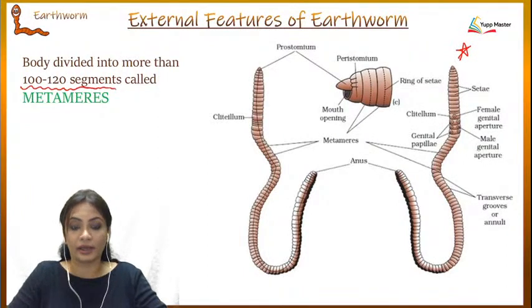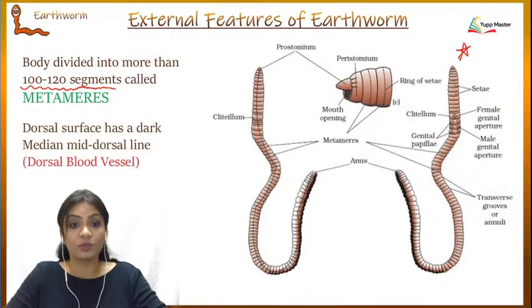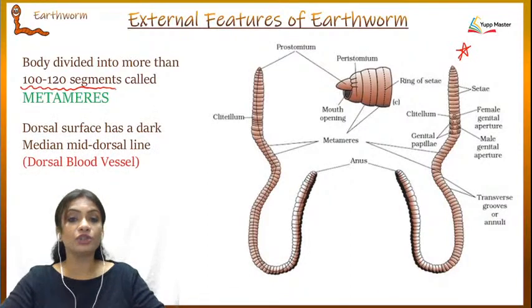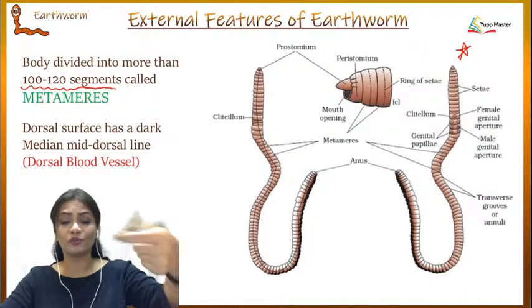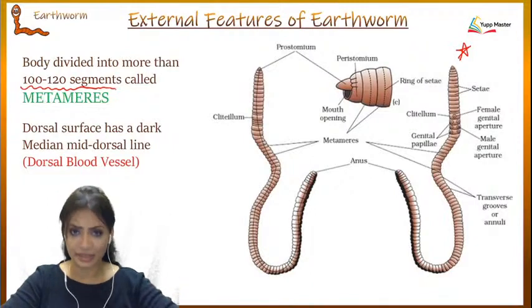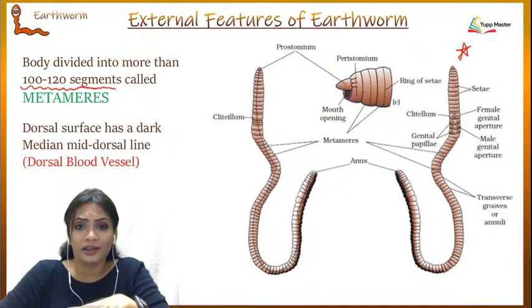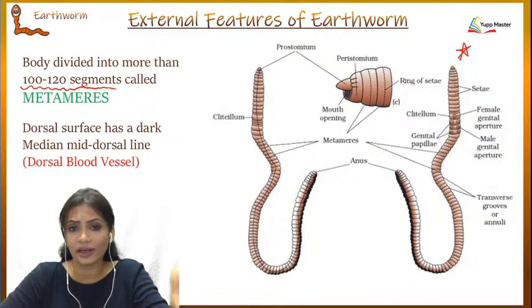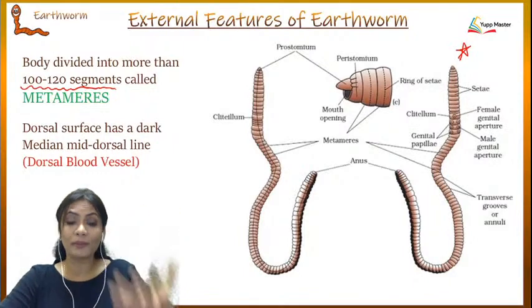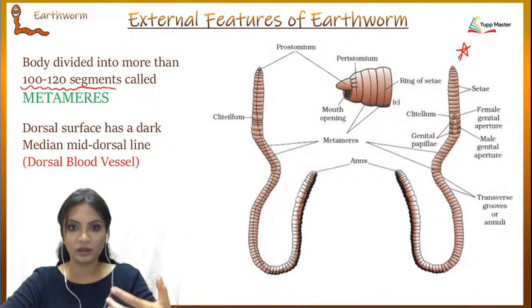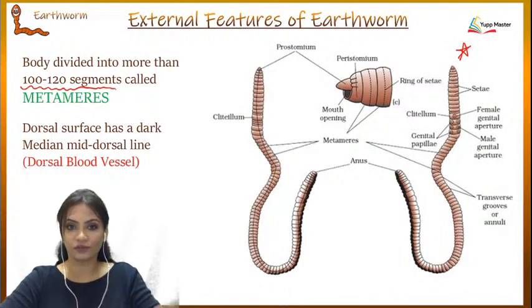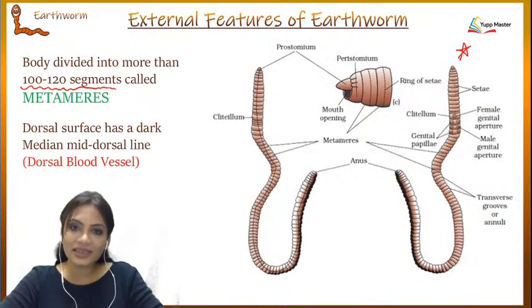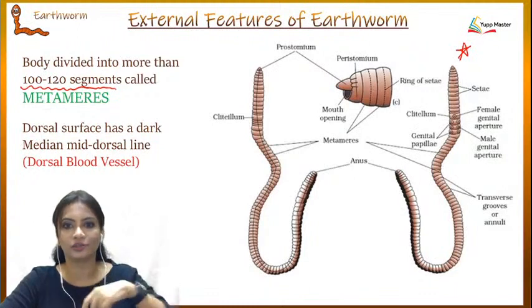Now, after talking about the segments, if you're in the rainy season and you see that there is moist soil and moistness outside, you may see several earthworms on the surface of the road. Let us say you happen to pick up one earthworm.